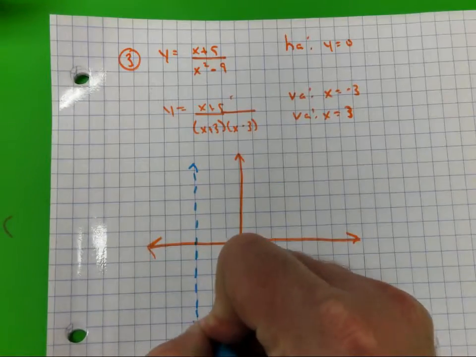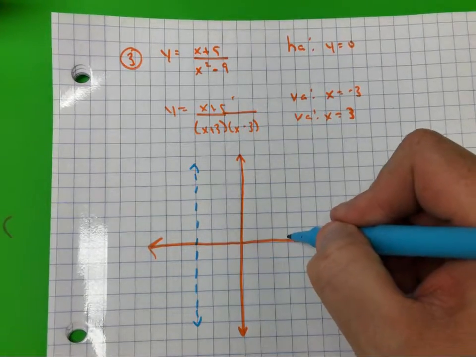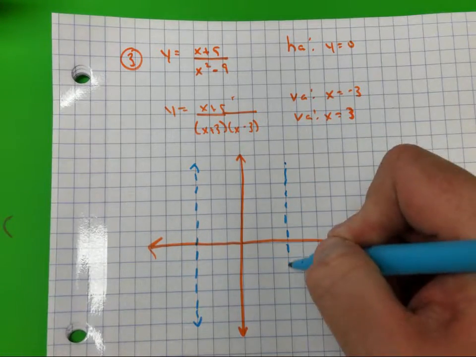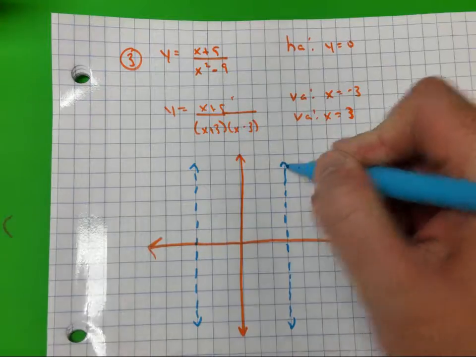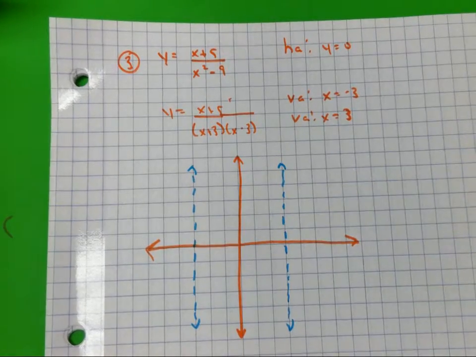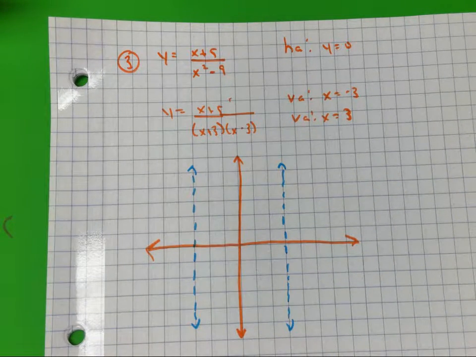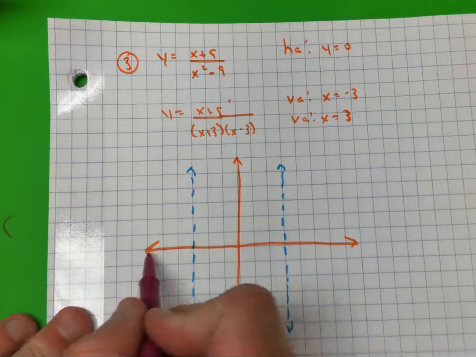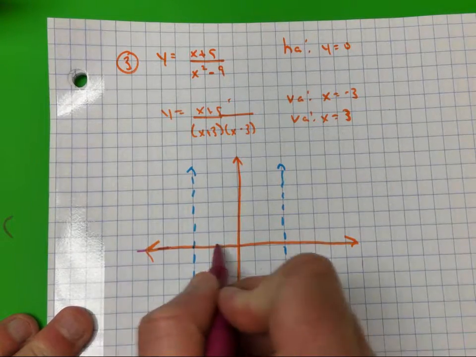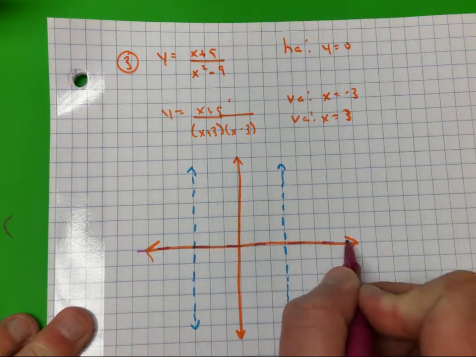There's my imaginary line. x equals 3. Then y equals 0. That's going to be going across through 0. It's going to be sitting on the x-axis pretty much.